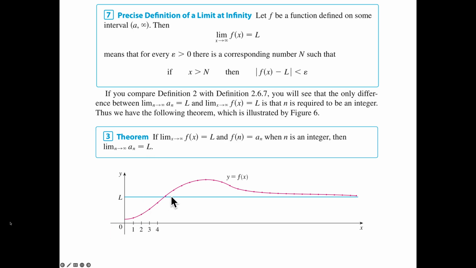So we can change our sequence back into regular function notation and evaluate our limits the same way. For example, we might need it as a function so we can use L'Hopital's rule or things of that nature.